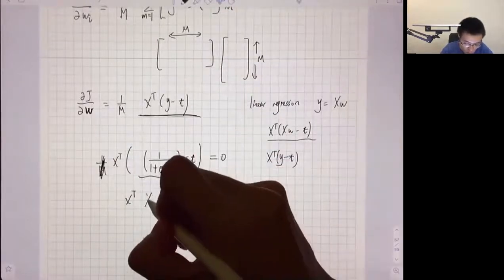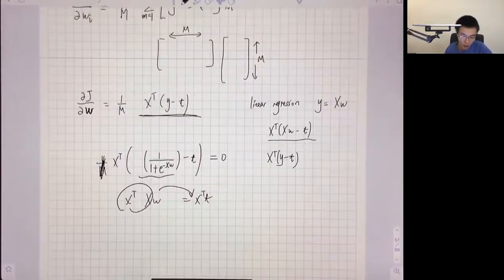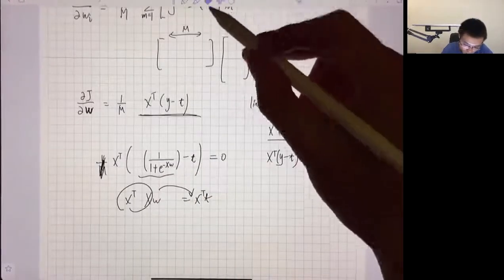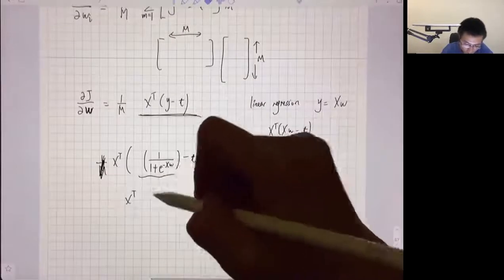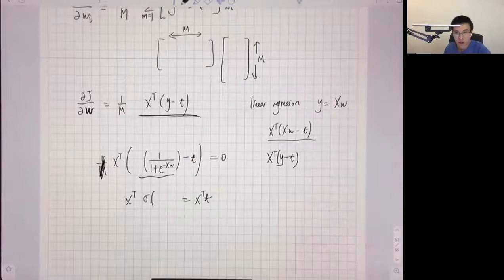So suppose this term is XW, then of course I can put this term to here as the left multiplication of the inverse. But here it's not XW, it's actually the sigmoid function of XW. Then I don't think you can get a closed form solution, okay?